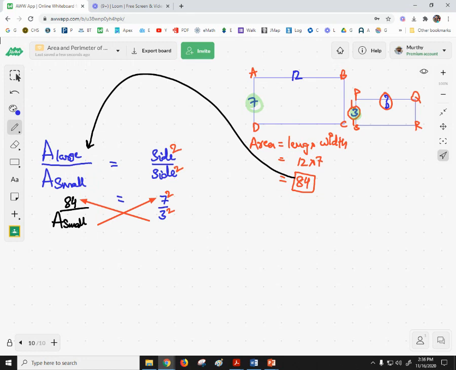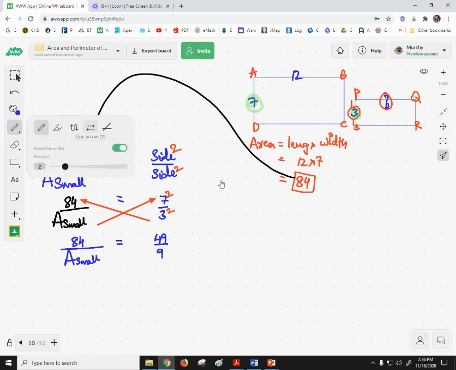Well, I don't know what answer you got. Here 7 square gives me 7 times 7. It is not 7 times 2. 7 square is 49. 3 square is 9. 84 over area of the small rectangle.